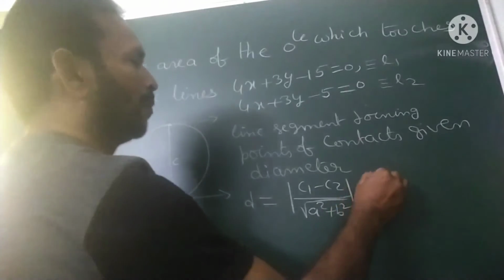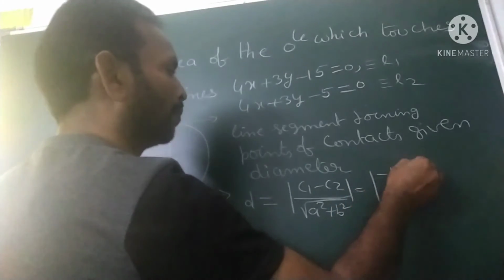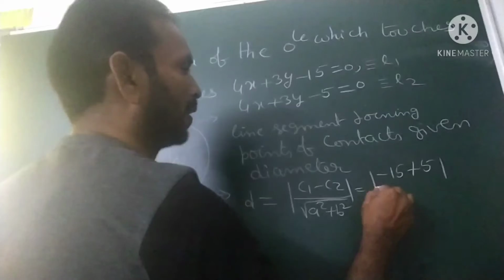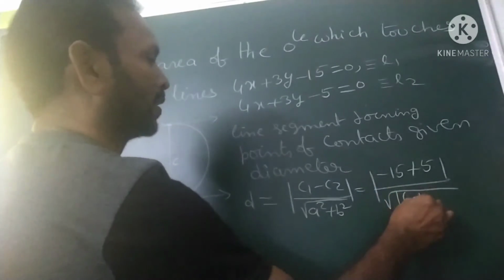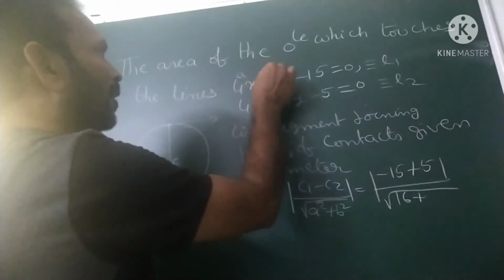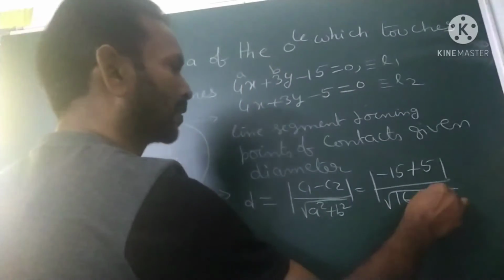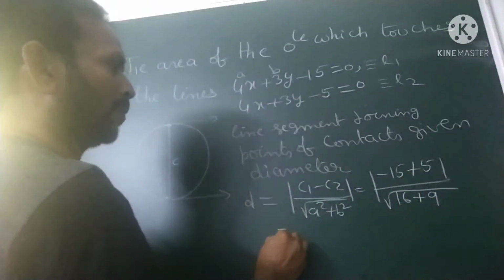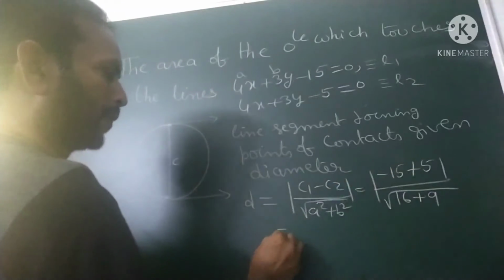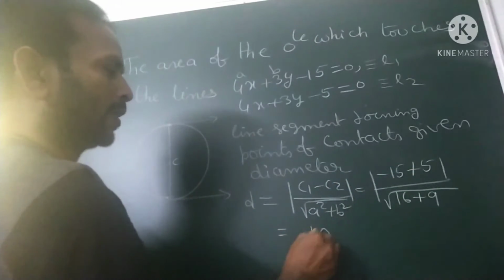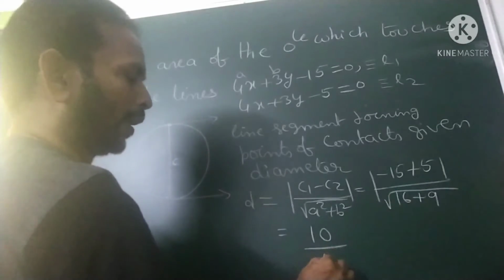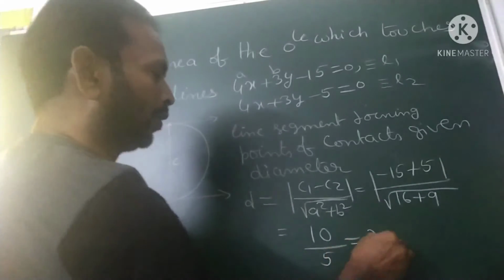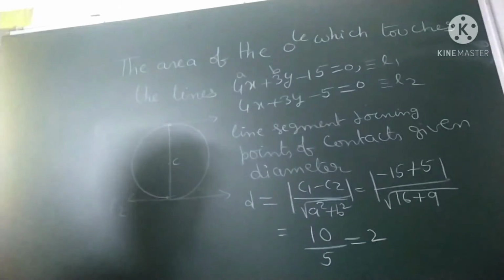That means minus 15 minus of minus 5 by root of 16 plus 9, that is minus 15 plus 5, minus 10 under modulus 10, root 25, that is 5, which is equal to 2.